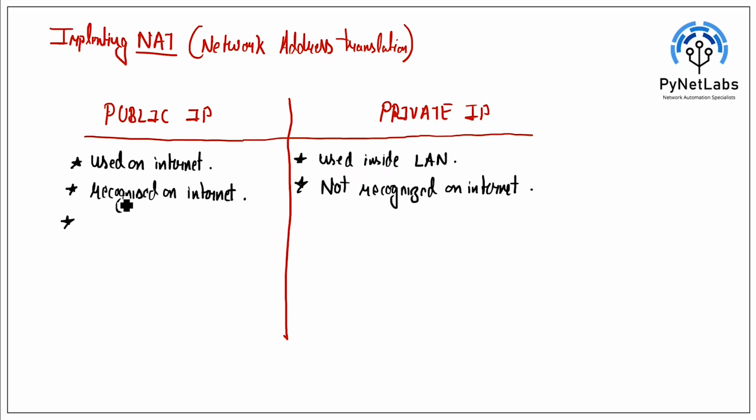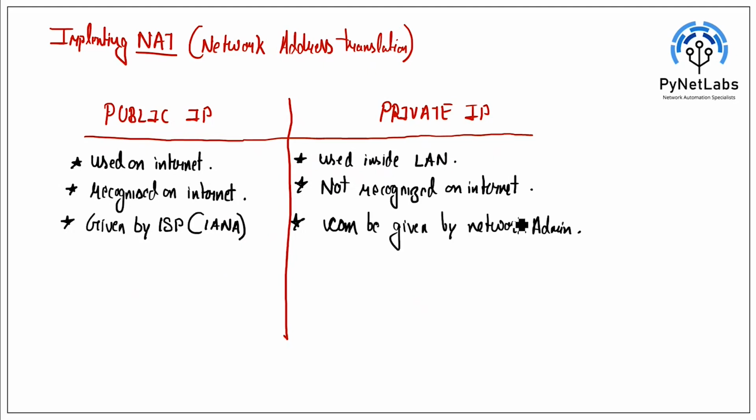Public IPs are given by the service providers, the ISPs, and ISPs get these ranges from IANA. There are some specific ranges. Whereas private IPs can be given by the network admin. Public IPs are globally unique, whereas private IPs are unique only within the organization, not globally unique.